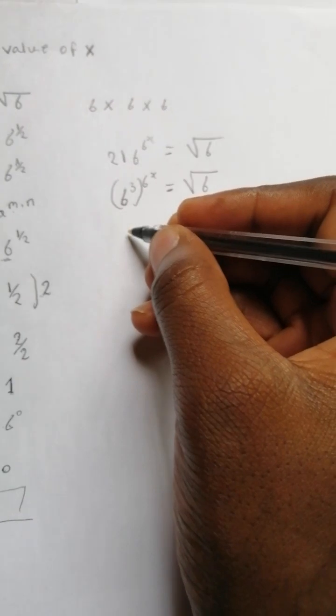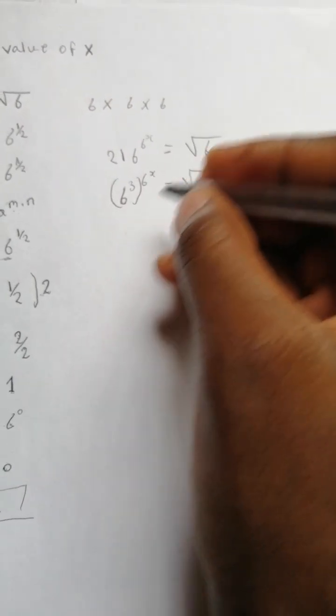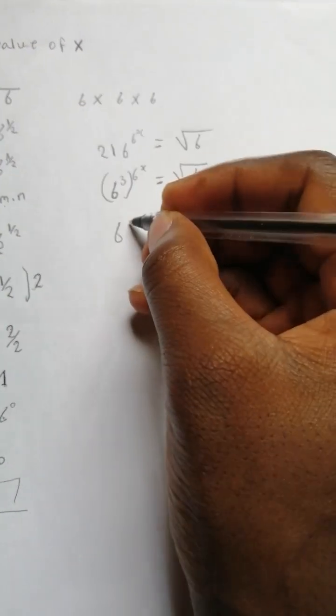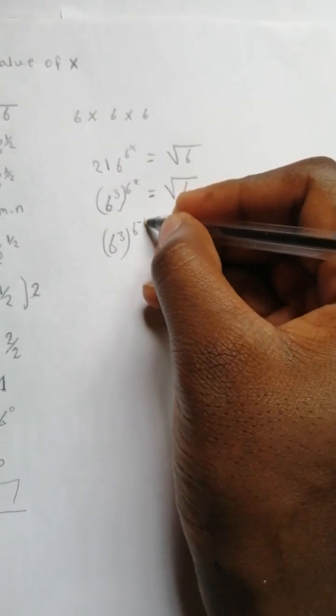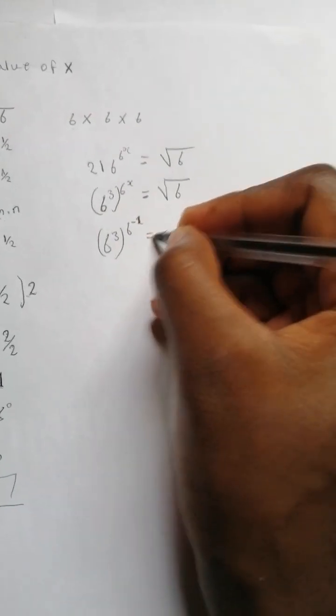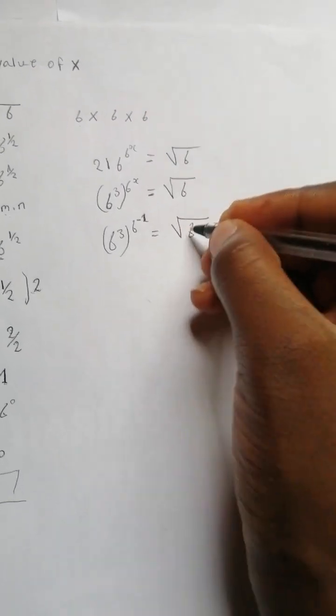The value of x is negative 1, so I'm going to replace x with negative 1. So this will be 6 raised to the power 3 raised to the power 6, replacing x with negative 1, and this should be equal to the square root of 6.